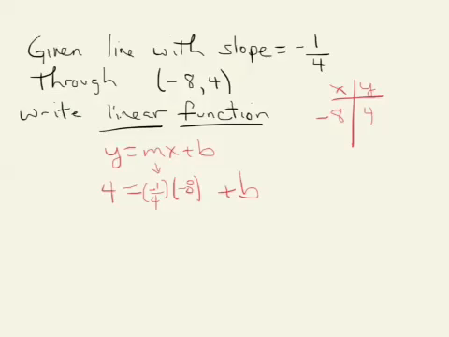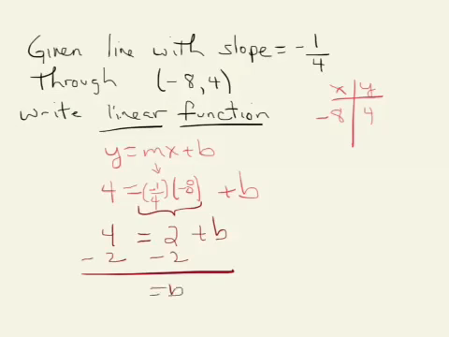So we do this arithmetic now. Multiplying by 1/4 is the same as dividing by 4. Negative times a negative is a positive, so we get 2 here. Subtract 2 on both sides. b is 2. Alright, we're now ready to write our final answer. It was that easy.